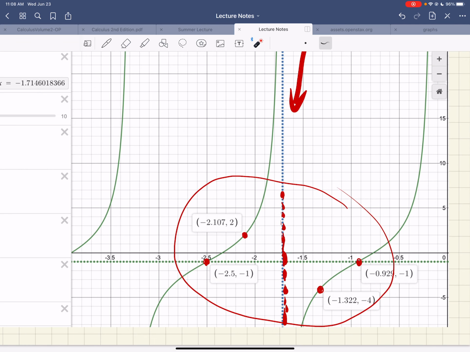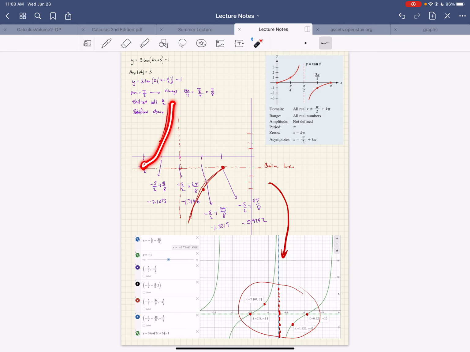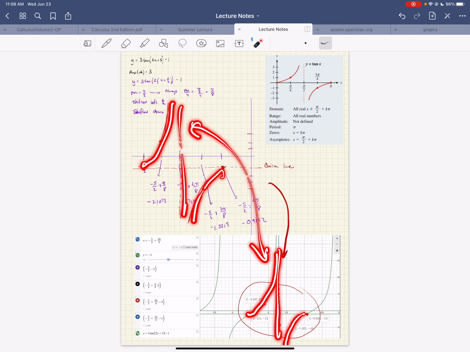Then if you look here, here's the 1, 2, 3, 4, and there's the asymptote. And so this and this is exactly what we have right here. So you're seeing that piece. Those two are the same.